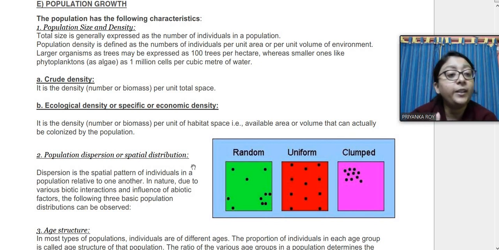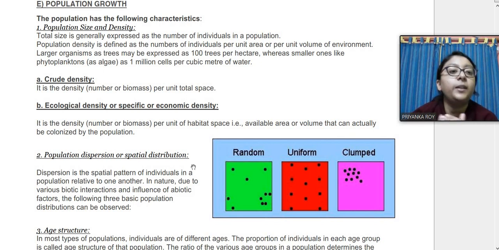So we divide the number of individuals by the unit area of only the space that can be occupied by that organism. In the case of a land animal, we can consider the water bodies as non-habitable space, and therefore the area of the water bodies is deducted from the total area of the forest.